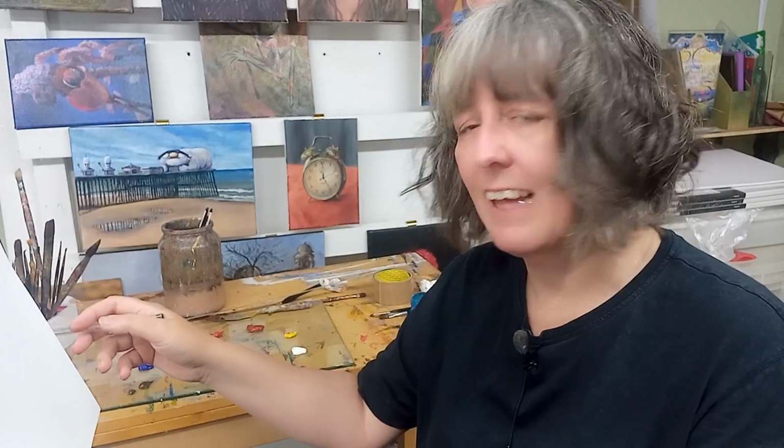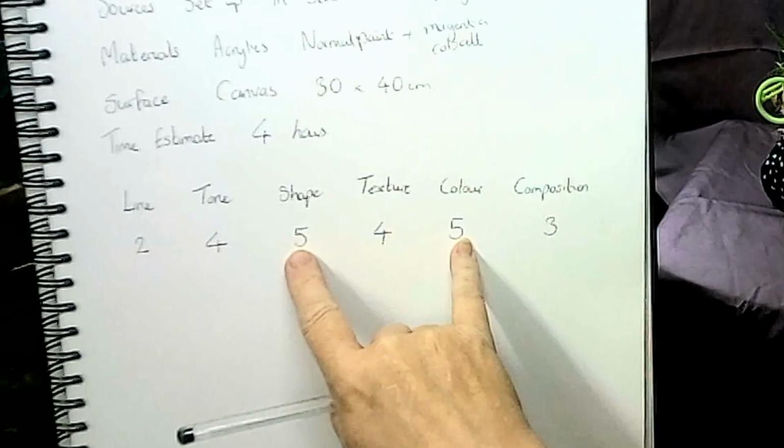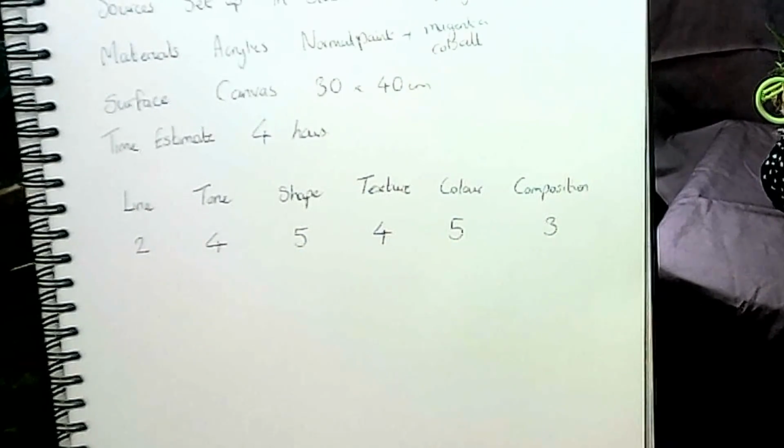Hopefully that will make sense for you now that we've done this a few times. You know, think about why I've put those down. It's all been worked up in here. As you can see, colour and shape are the most important things for me.